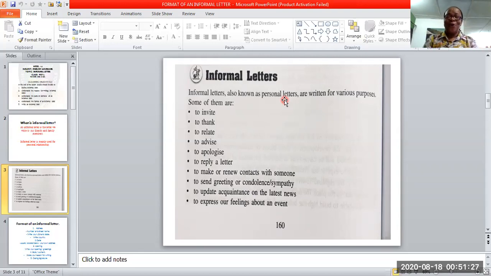Invite her to come for your birthday. Invite her to come for the naming. Invite her to just come and stay with you for the weekend. You can write a letter inviting grandma to please come. Are we together? Beautiful, beautiful.